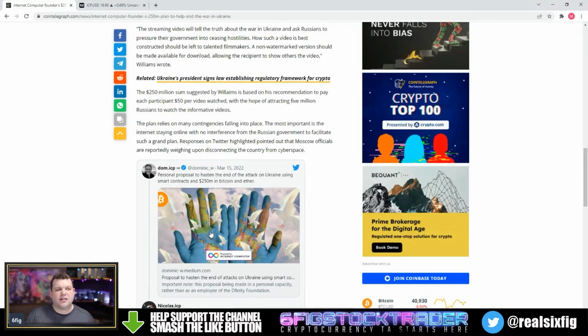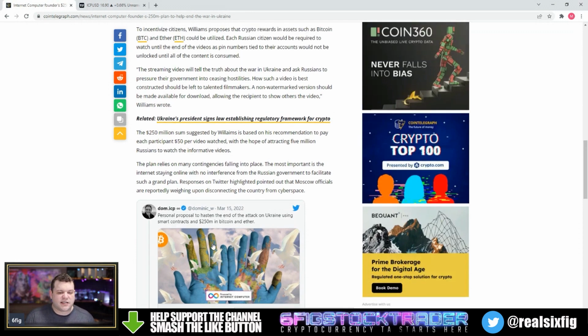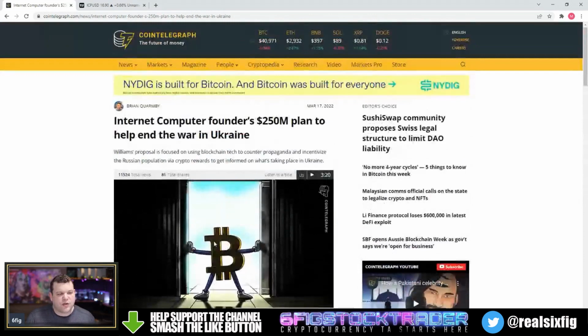But I think at the end of the day, it is flexing the muscle of decentralized information sharing. So that is huge. When we look at Internet Computer, what is it that it wants to do? It wants to build a decentralized internet, a decentralized way to share information. So it makes sense to me that they would do something like this.